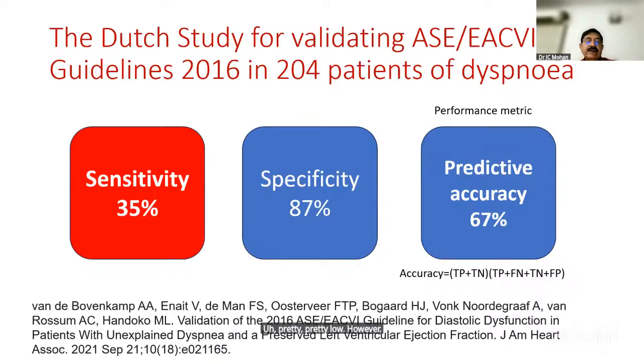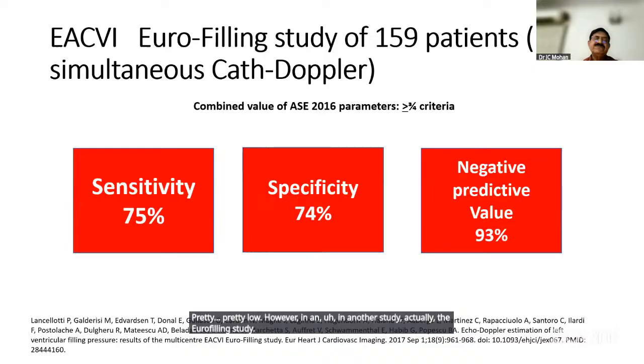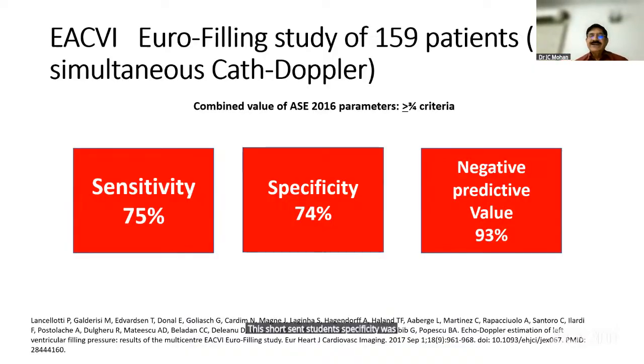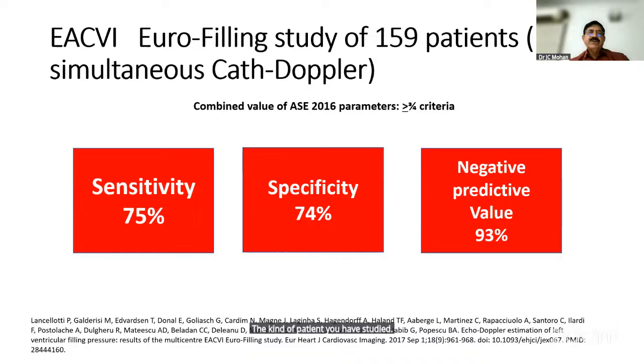However, in another study, the European EURO-FILLING study, they showed sensitivity and specificity was reasonable. So now here comes the problem. The problem may lie with the small number of patients studied, the kind of patient you have studied, which means the population you have studied.